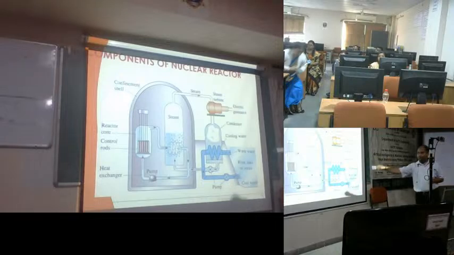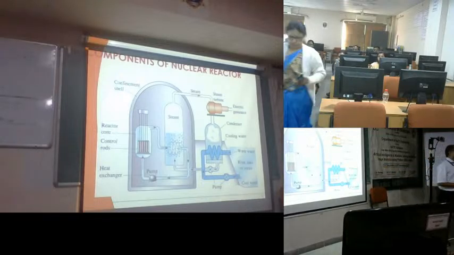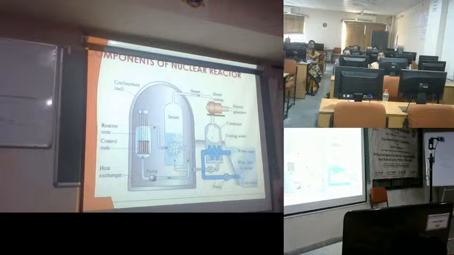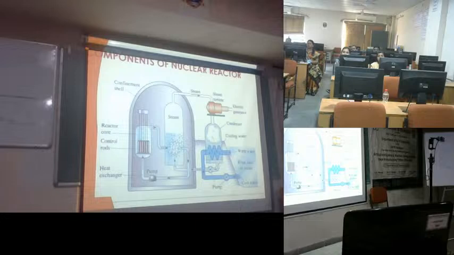And the white portion is known as the moderator. We know what moderation is. When nuclear fission takes place, we get very fast neutrons which have very high energy, and such high energy neutrons do not have the potential to strike the uranium nucleus.